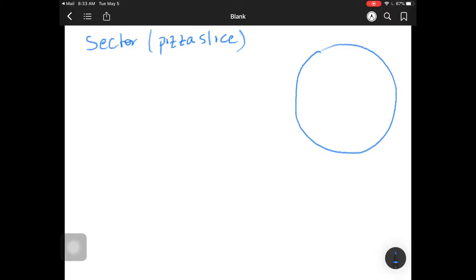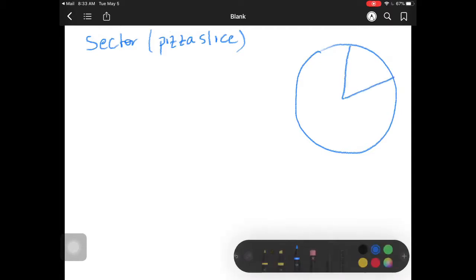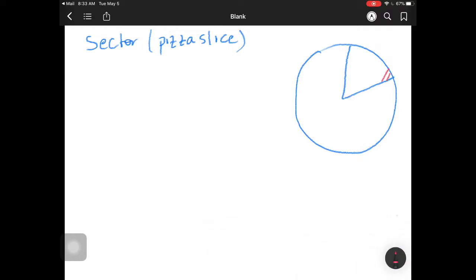A sector is part of the area, part of this disk. What you see highlighted in red is your sector. And what you might be asked for is sector area. What is the sector area?